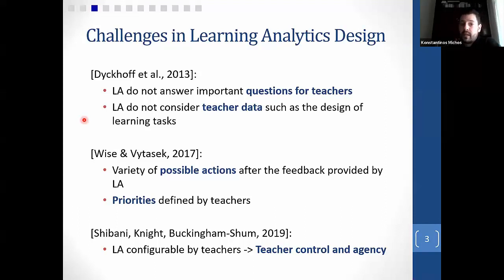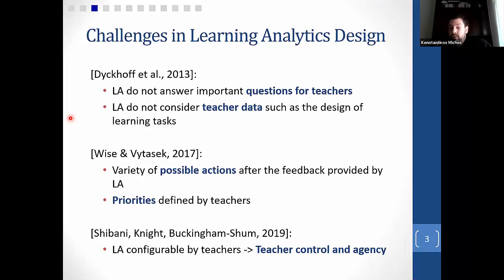On the other hand, learning analytics information might not consider teacher data like the task design. And even when teachers have this type of information, there might be a variety of possible actions to take, and this can be influenced by their priorities.